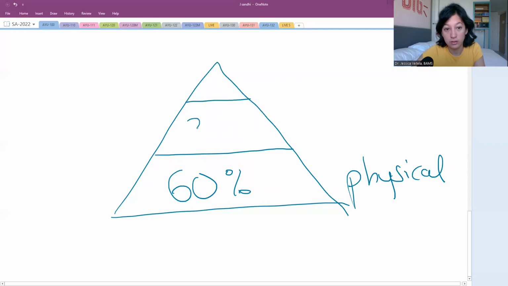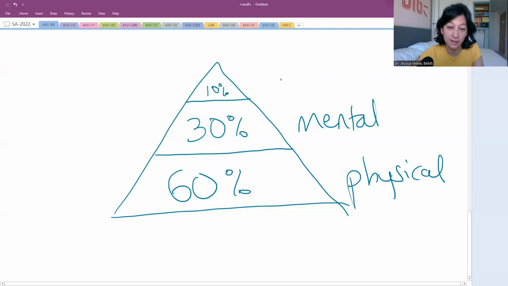And then there might be a good 30% on top of that, which is the mental and emotional proportion. And then the last sort of cream on the top of all of that, the 10%, or possibly even less for some, depending on where that person is in their own process of evolution, is the spiritual.